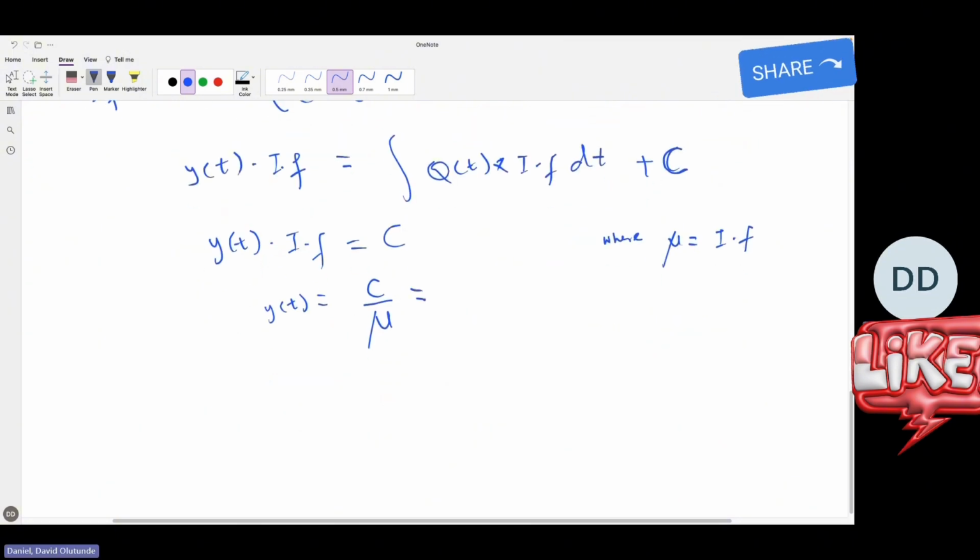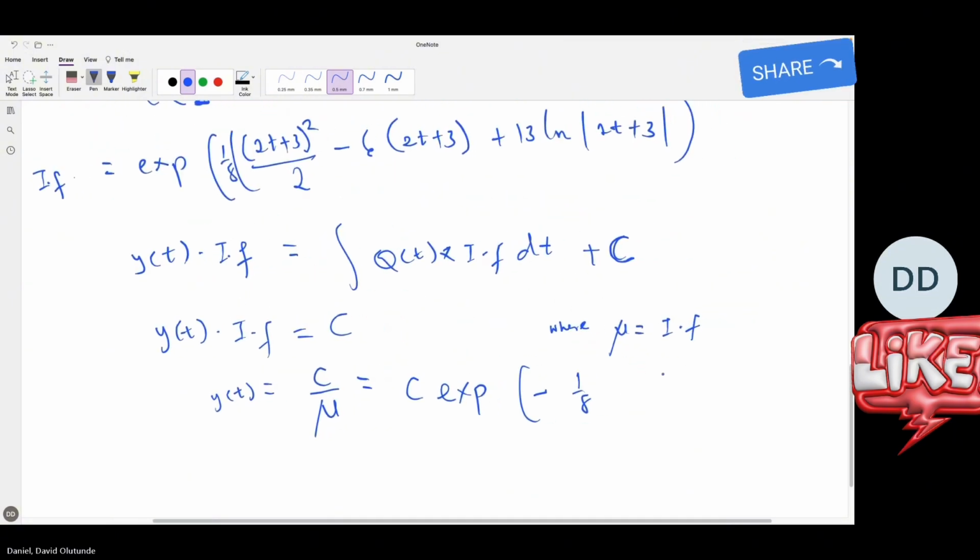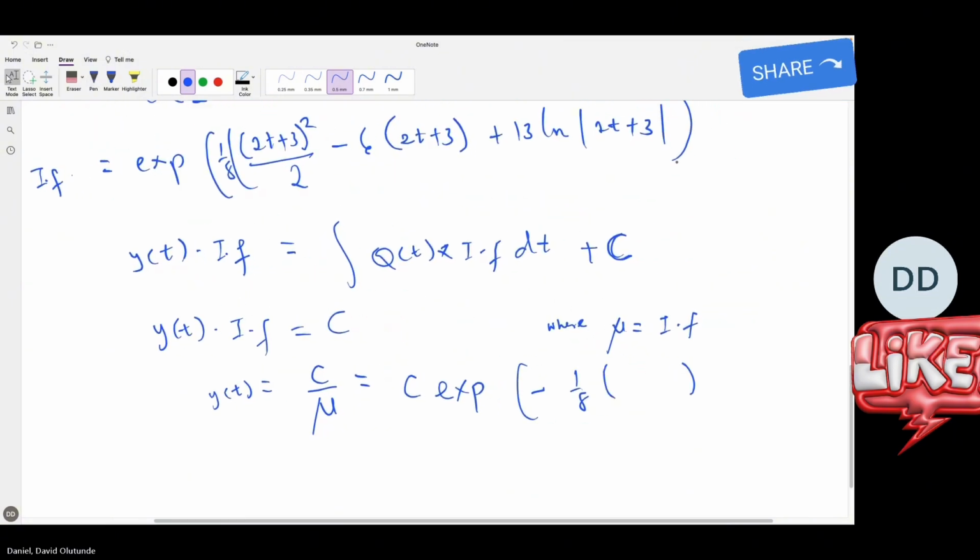And so you have c times exponential of negative 1/8 of everything you have here. That's your final answer.